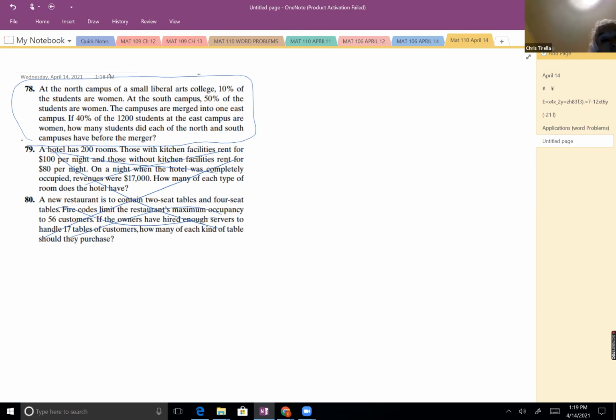At the South Campus, 50% of the students are women. The campuses are merged into one East Campus. If 40% of the 1,200 students at the East Campus are women, how many students did each of the North and South Campus have before the merger?